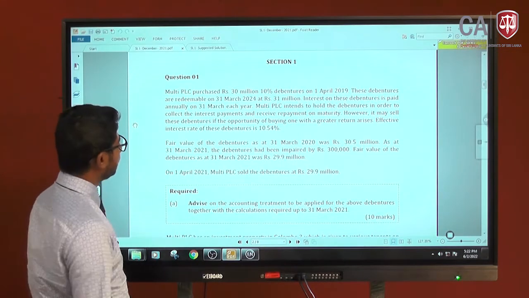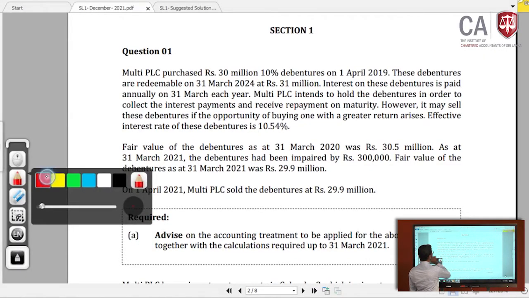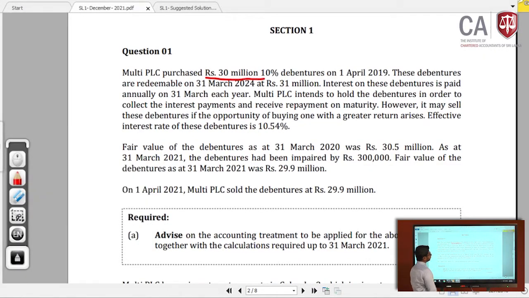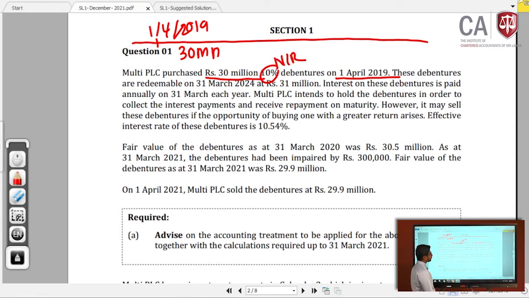Multi PLC purchased 30 million worth of 10% debentures on 1st April 2019. 10% is the nominal interest rate. These debentures are redeemable on 31st March 2024.